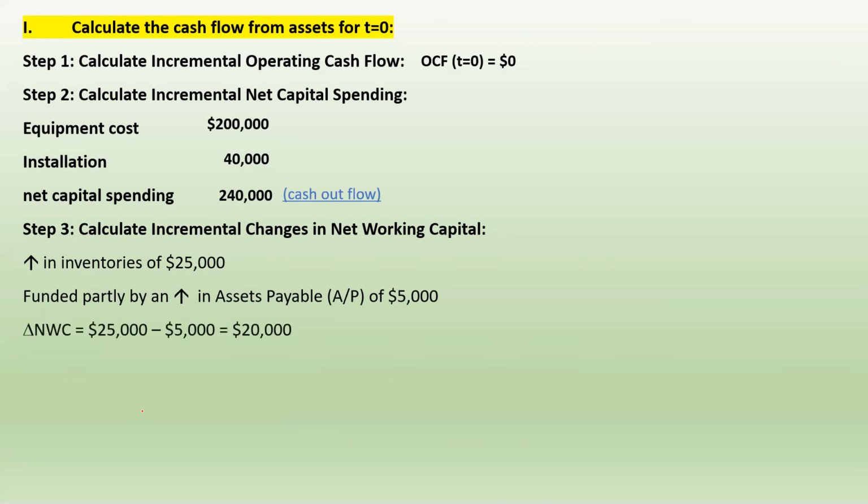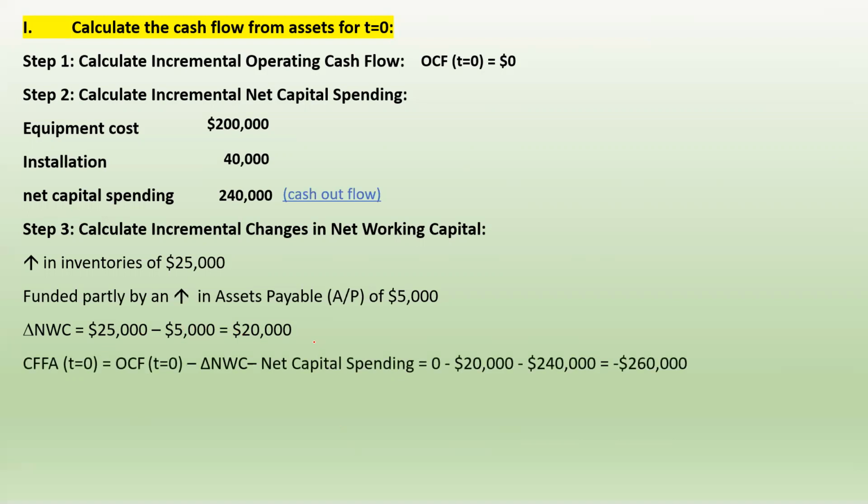So the change in net working capital is from 0 to 20,000. So it's 20,000. Cash flow from assets at t equal to 0 is negative 260,000.